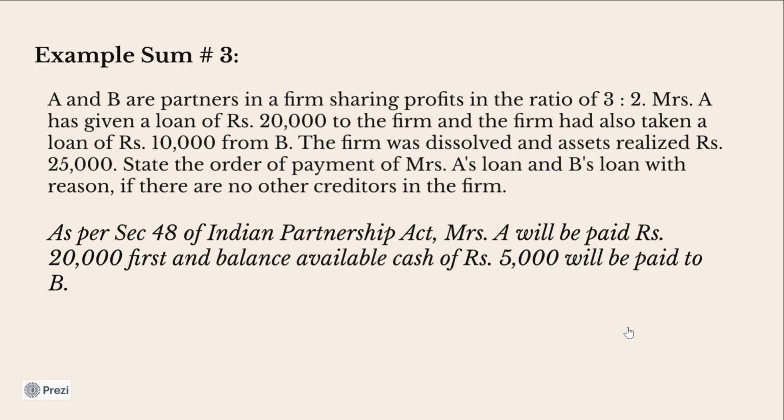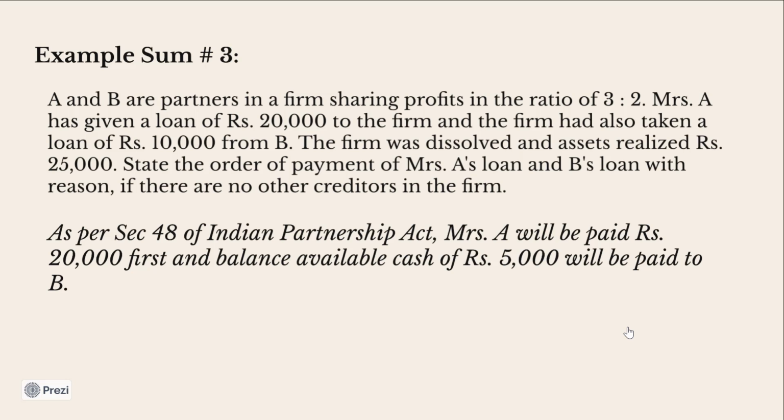Third example sum. A and B are partners in a firm sharing profits in the ratio of 3:2. Mrs. A has given a loan of rupees 20,000 to the firm. Now, Mrs. A is an outsider and rupees 20,000 is a third party liability.